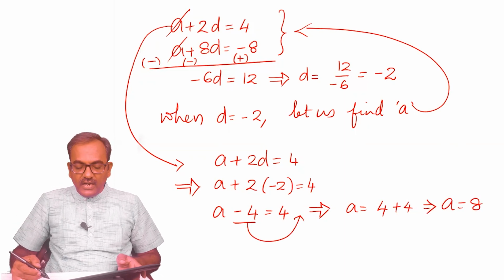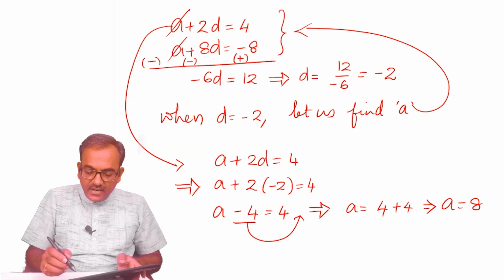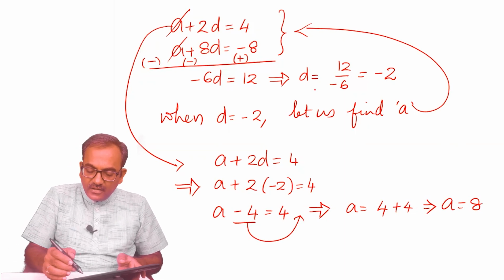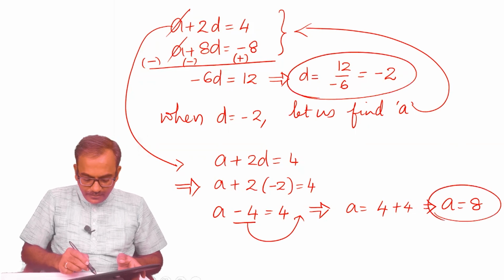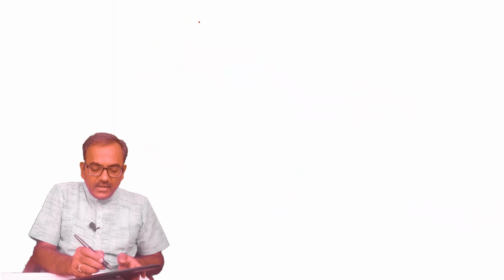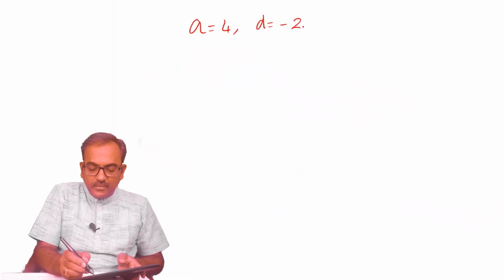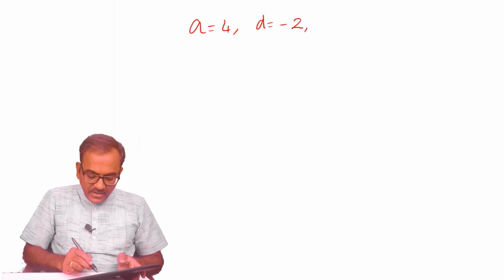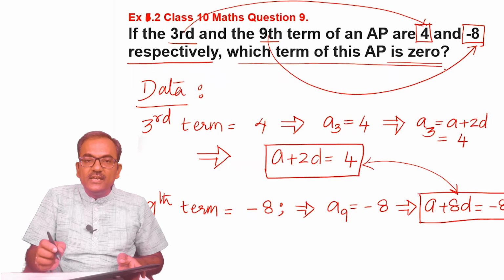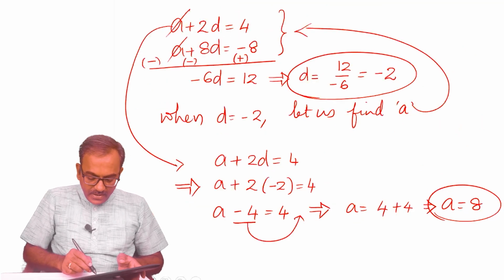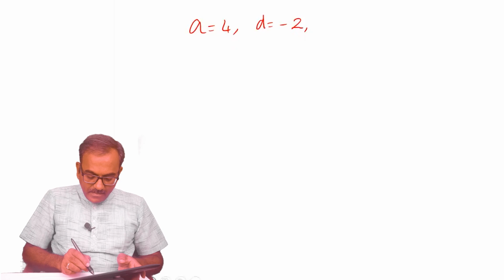So we have got the values of a and d. Here d is equal to minus 2 and a is equal to 8. What do we need to do further? We need to find which term of this AP is 0. It means you need to imagine the AP.